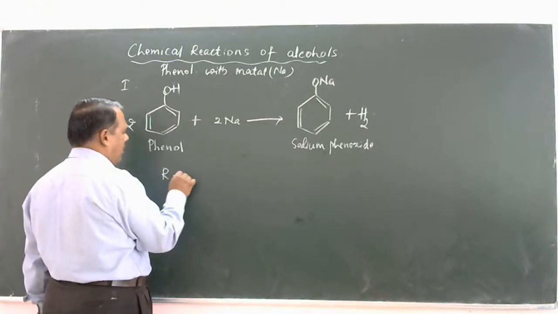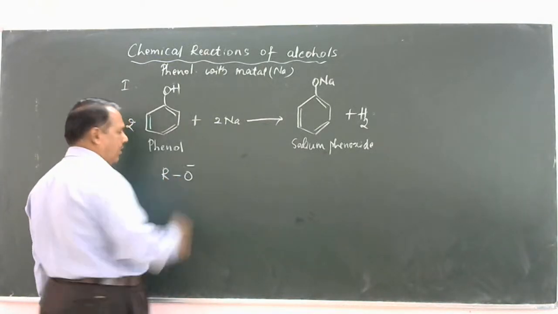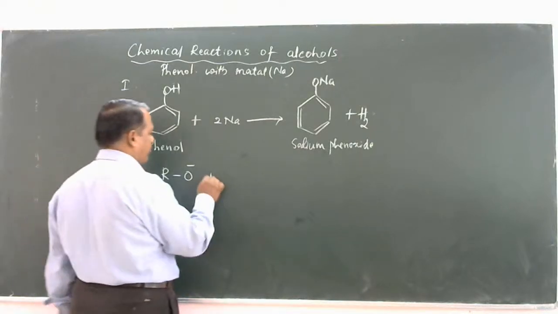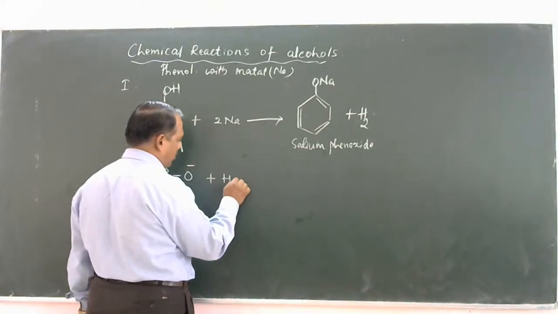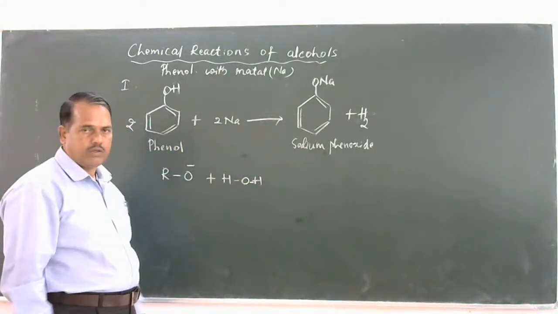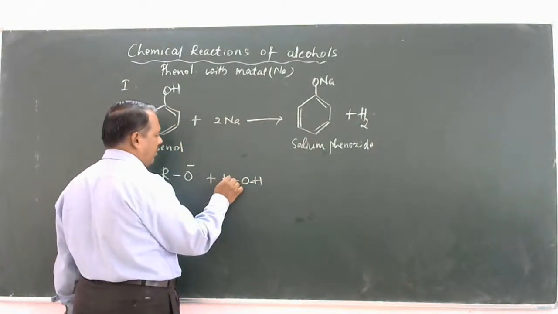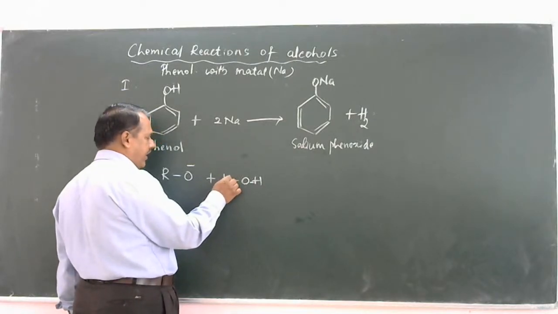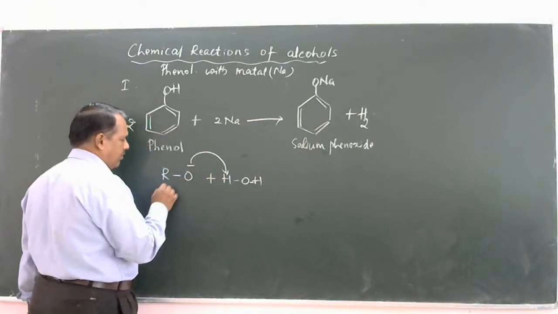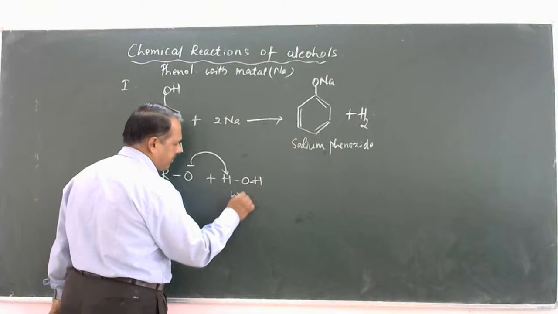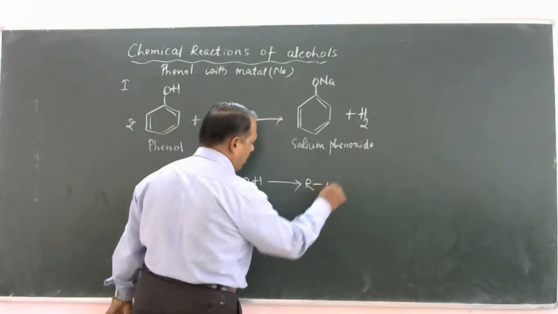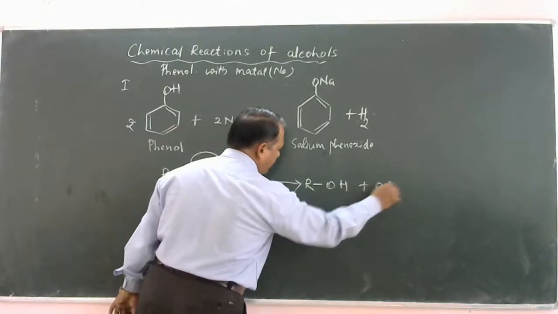When RO minus, which is nothing but an alkoxide ion, reacts with a water molecule, this is water, I am going to write it like this. The hydrogen atom of the water is absorbed by the alkoxide ion, so you will get ROH plus OH minus.